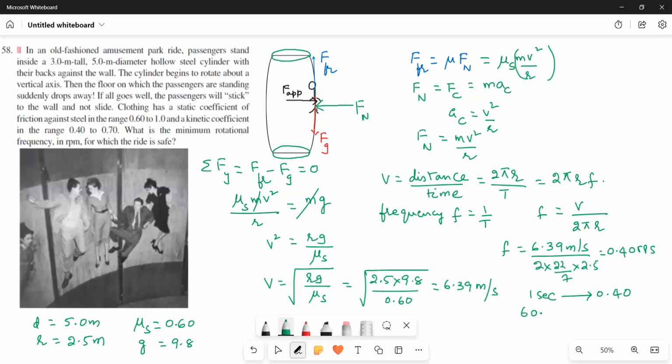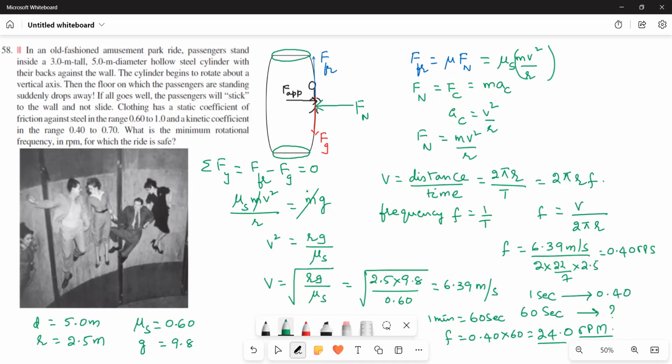He is asking for 1 minute, which is 60 seconds. So f is equal to 0.4 times 60, which gives 24 rotations per minute. That is the answer for this question.